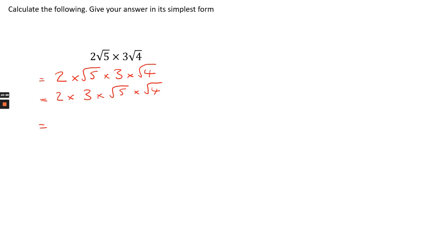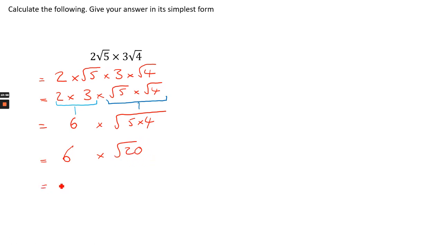Okay. Now 2 times by 3 gives me 6, and then root 5 times by root 4 gives me the square root of 5 times by 4, so 6 multiplied by root 20. Now at this point it's similar to the previous question we just did, and I need to find the highest square number in 20.